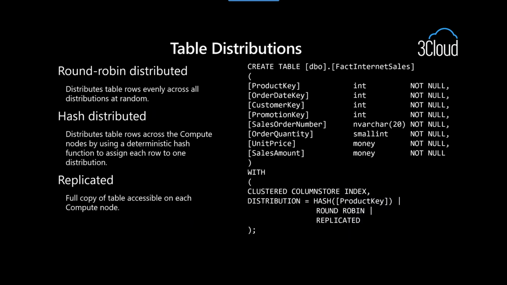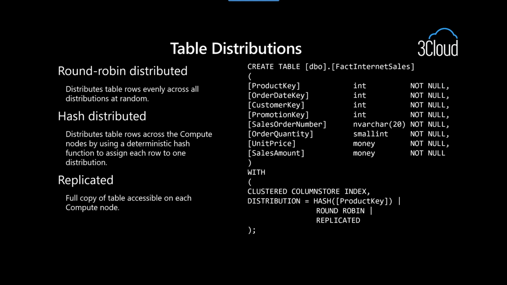All right, I just talked about the fact that we've got up to 60 distributions out there. This is how tables are divided up. Round robin distributions basically evenly distribute the data across all of, we'll call them servers, but they're not.